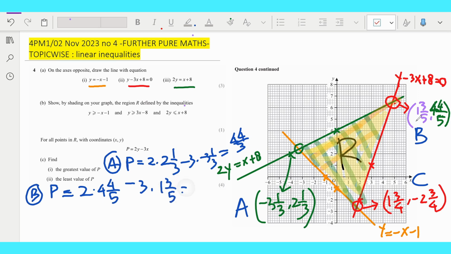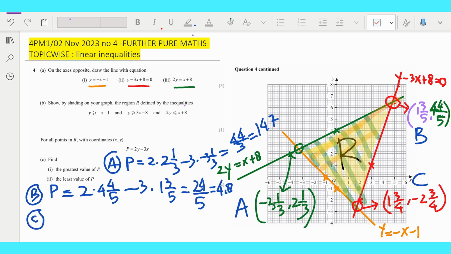Let's count this with a calculator. We'll get 24 over 5, which is approximately 4.8, and 44 over 3 is approximately 14.7. And then let's count for C.